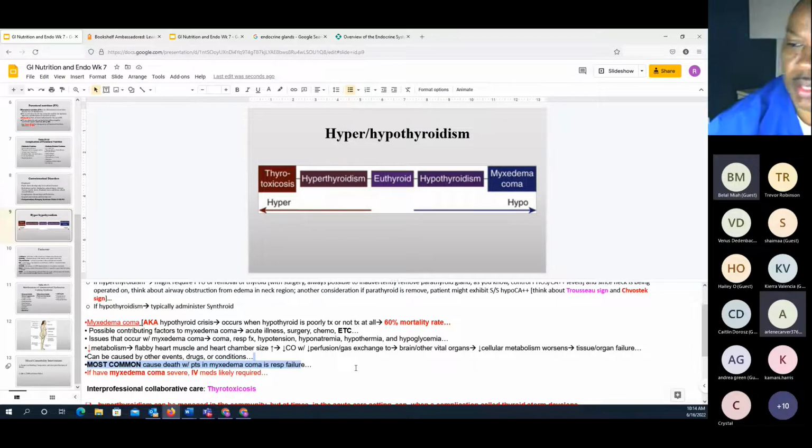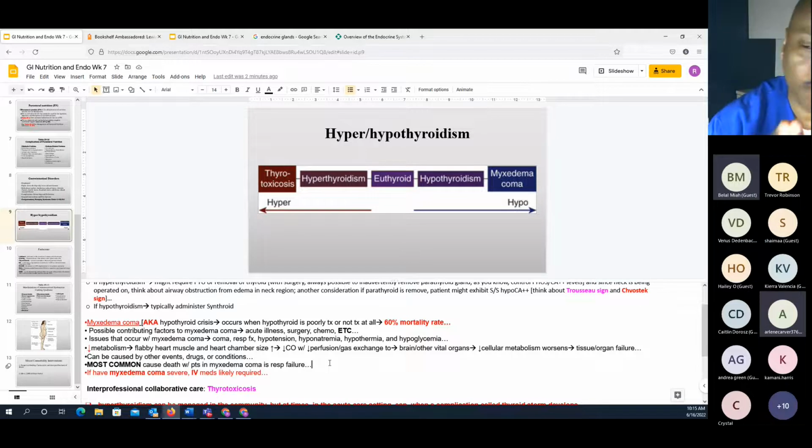All right. Other conditions that can cause these events, drugs. Well, drugs is one of the main issues that can cause this extreme problem. Now, most patients will die from respiratory failure. That's pretty much the most common reason.